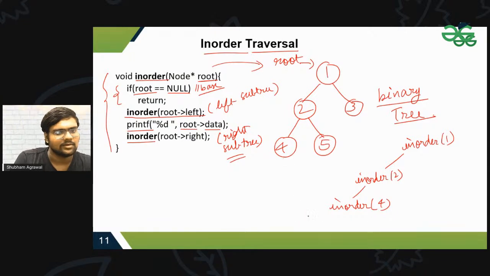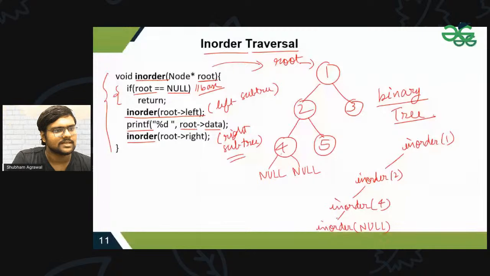Now when we call inorder with 4, and 4 is not equal to null, inorder of root's left will be called. If there is no node, then null is present here. When inorder of null is called, we will just return from there.